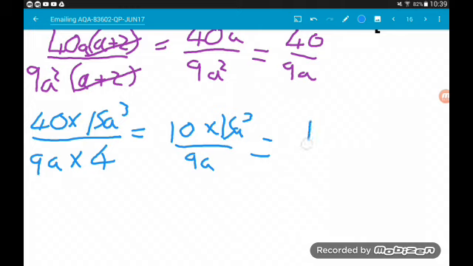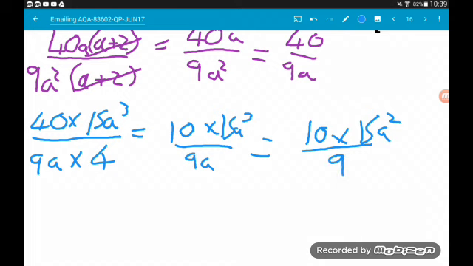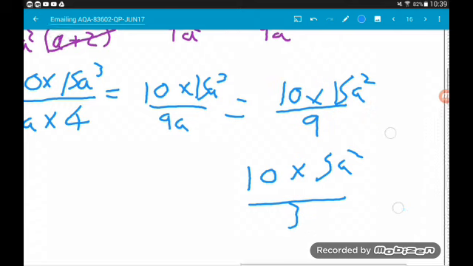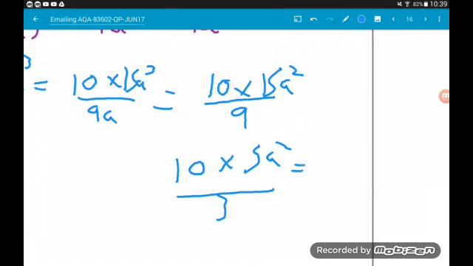We can divide that away, we'll get 10 times 15a squared over 9. And then finally, there's a common factor of 3. So we can go down to 10 times 5a squared all over 3. And then finally, that is 50a squared over 3. Jobs again.